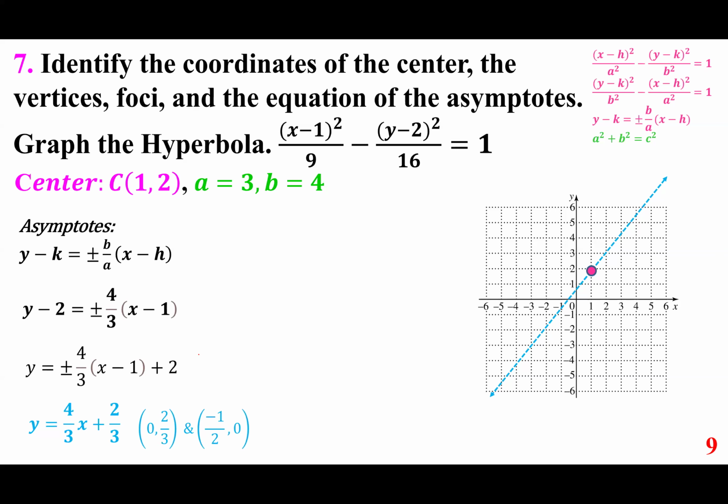So with the negative, y equals negative 4/3 x times this one becomes positive 4/3 because negative times negative, plus 2, and we get this one. y equals minus 4/3 x plus 10/3.